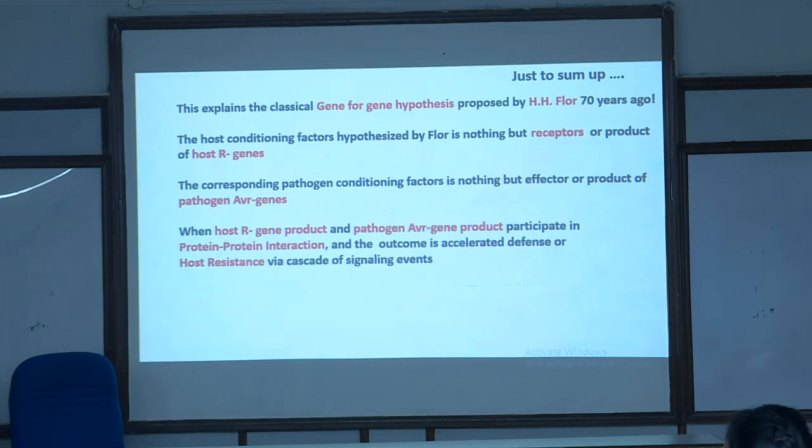And when the host R gene product and pathogen AVR gene product participate in protein-protein interaction, the outcome is accelerated defense all the time, provided the R protein has the right configuration to come to a lock and key conformation with the effector protein. That's more important. So here the pathogen plays tricks. They modify the effector and come out with a different protein.